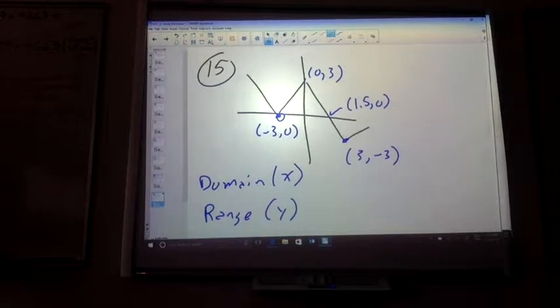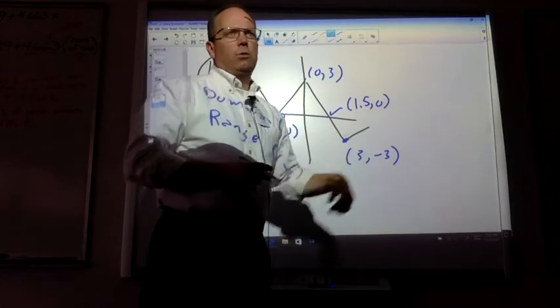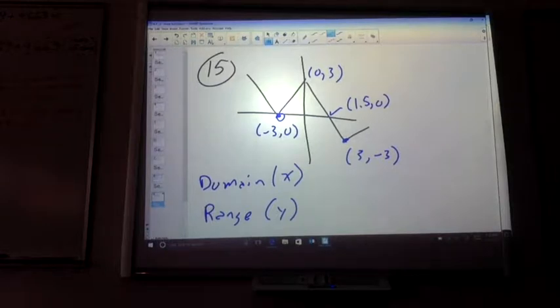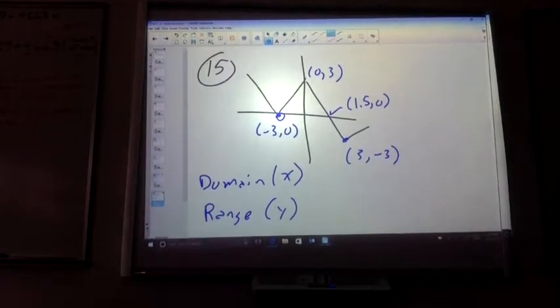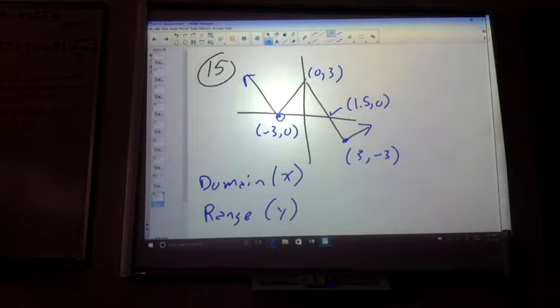Okay, so looking at this graph, would you think that this would continue this way and this would continue this way? Meaning, on your paper, does it look like there's a solid dot ending the graph? No, I think this graph will continue to go forever. So I think that it's going to continue this way and it's going to continue this way.